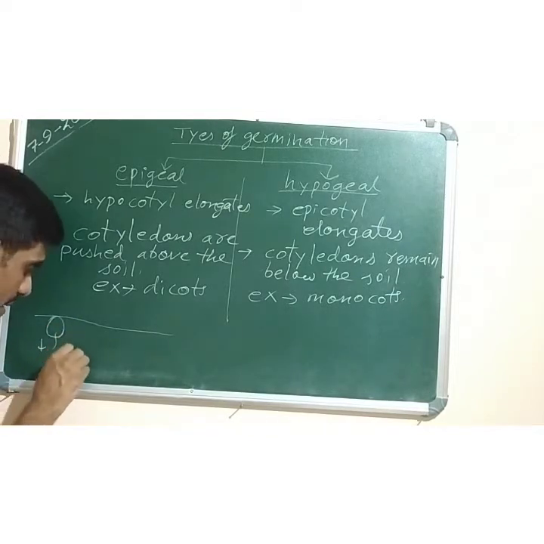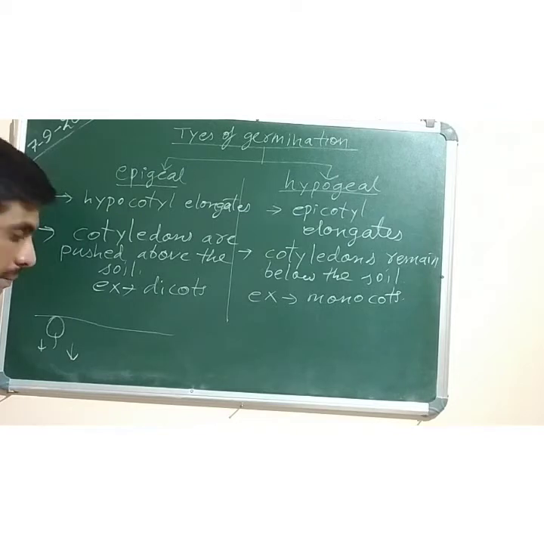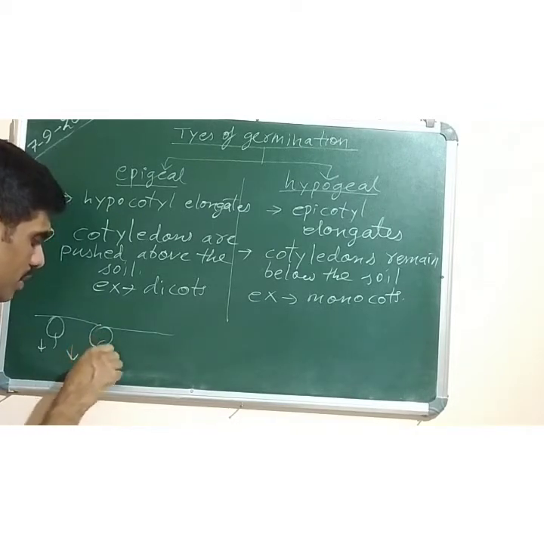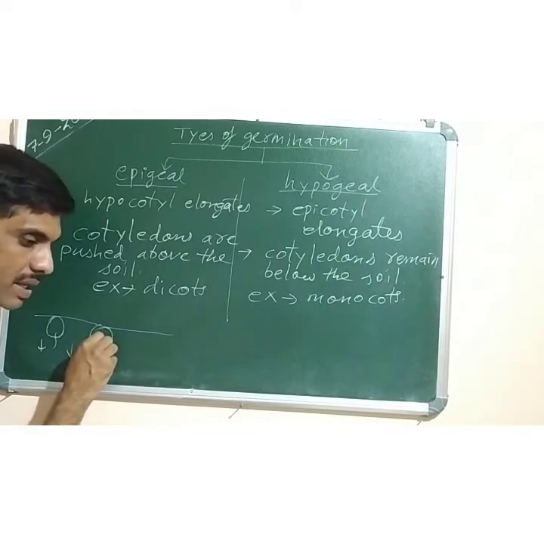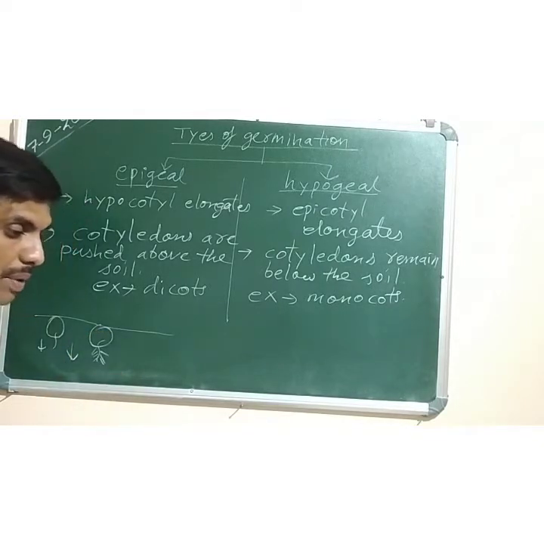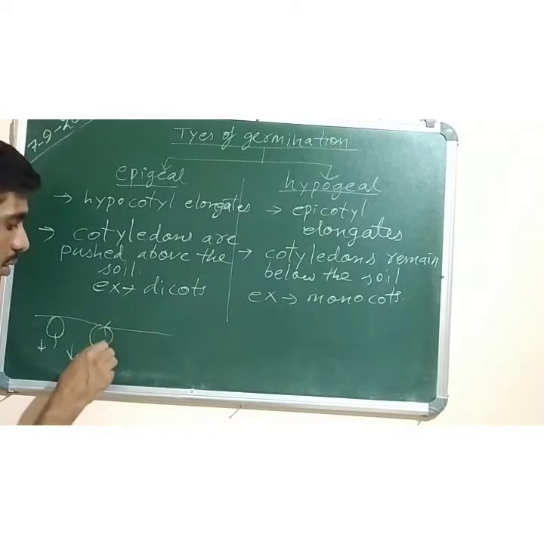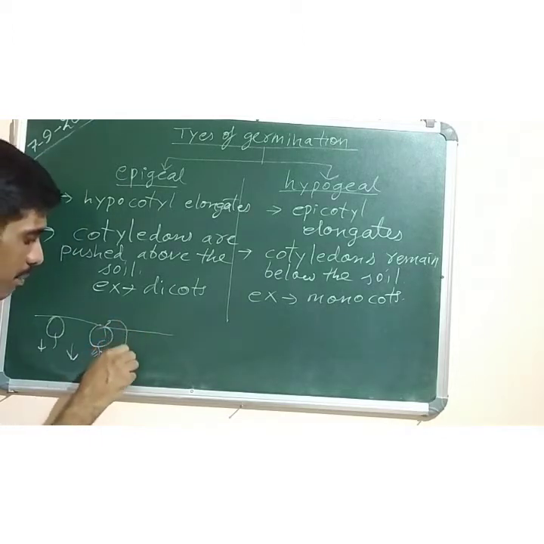Due to gravitational pull it is growing downward. Then this radicle will develop into the primary root, secondary root, and then you can see the formation of the plumule also, that grows upward and then bends, that is arc downward.